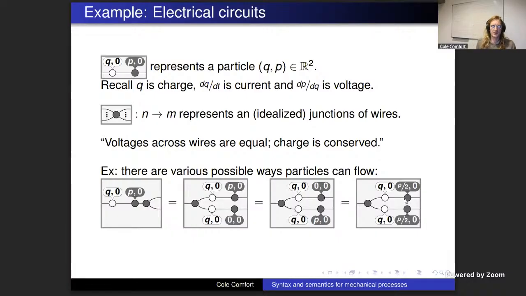So this is what I was talking about when I said these are non-deterministic constraints on how mechanical systems can evolve, because there are various different ways that things can flow, but in this category, using the syntax, you can show that these are all the same because of these underlying physical laws, which are represented using symplectic geometry.